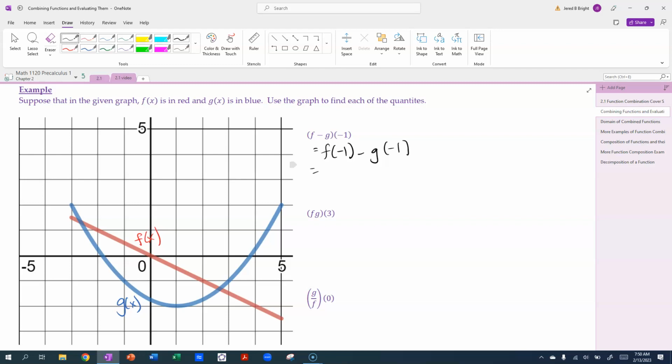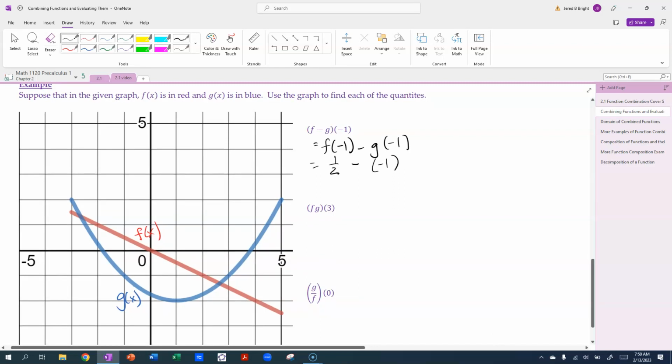It looks like halfway, so I'm going to call it a half, minus g of negative 1. Come down here. That looks to be negative 1 itself. And now I'm going to do the arithmetic. Negative a negative would be a positive, so 1/2 plus 1, common denominators and all that jazz, gives 3/2.